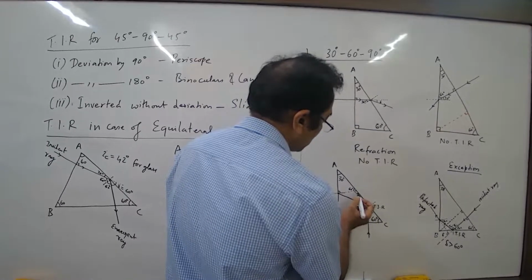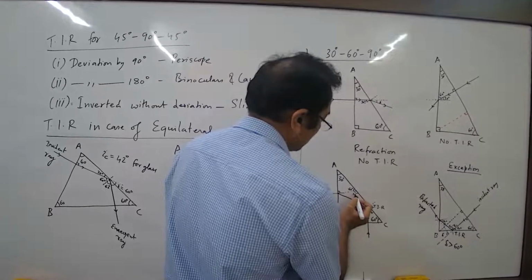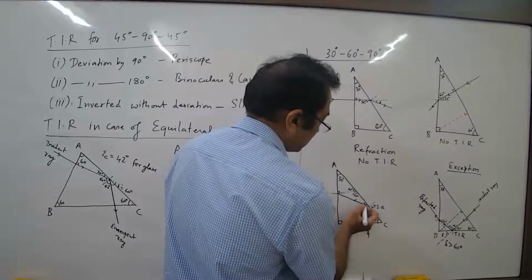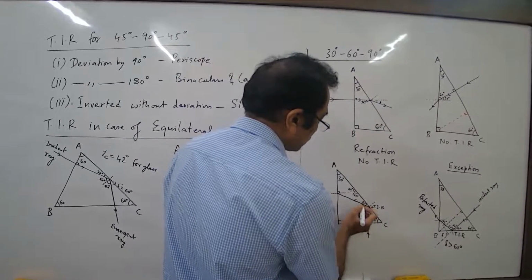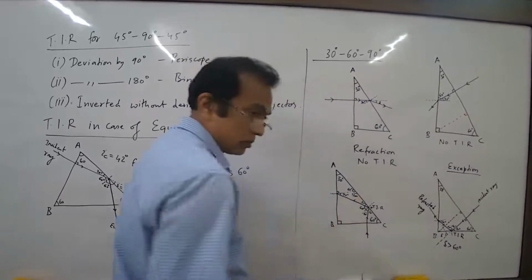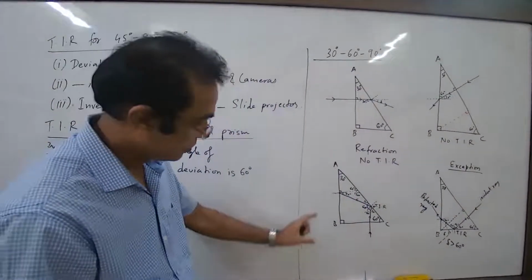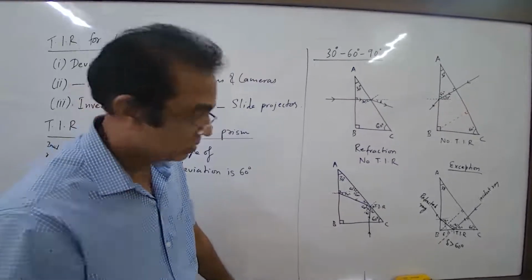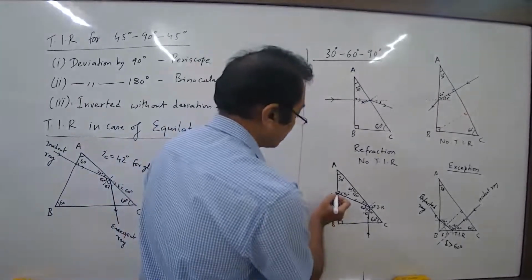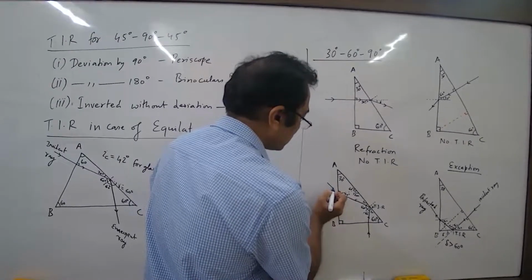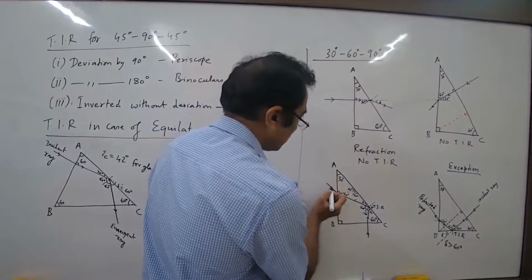So what will be this? 180 minus 60 is 120, right? This would be 30, 150, so this must be 30. Correct? So is the angle of incidence greater than critical angle? No. So what should happen? It will be away from it.